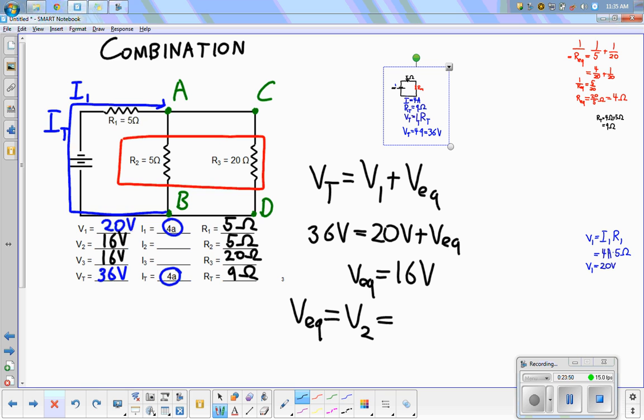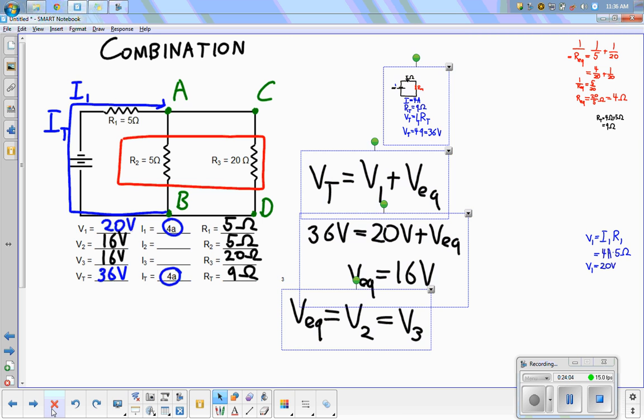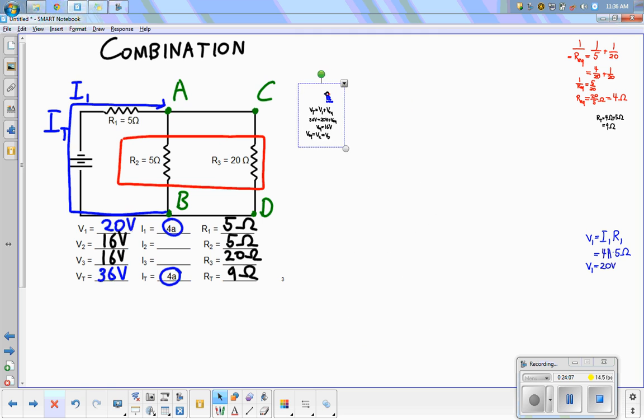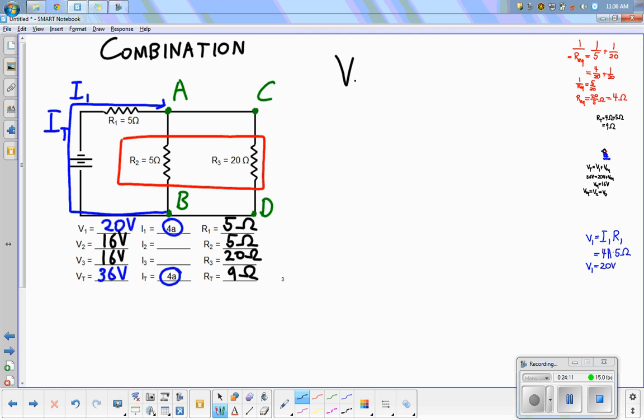Now we know V2, we know R2. We're going to, again, use V equals IR to find some current. V2 equals I2 times resistance 2. In this case, V2 is 16 volts, R2 is 5 ohms. I'm not going to plug that into my calculator. I'll let you guys handle that on your own.